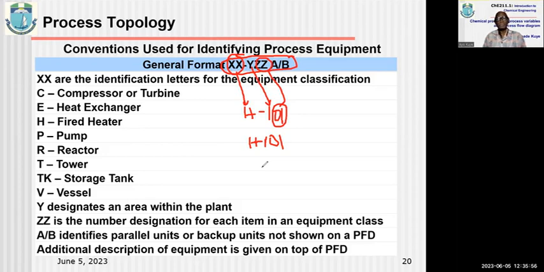That is what it means. So I hope with this now you can go back to that flow diagram, the PFD that was shown earlier on, and be able to identify the various equipment that is there, and also tell us the area where it is located and the equipment number.